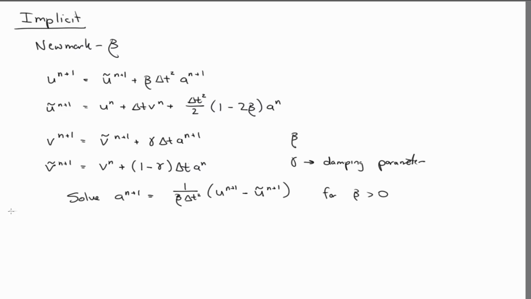And so a couple special cases of this, if we choose beta equal to 0 and gamma equal to half, we have an explicit central difference scheme.